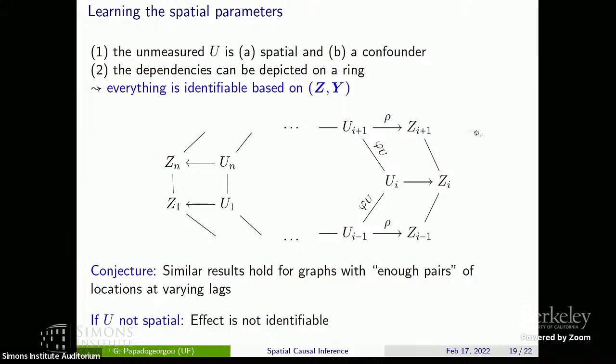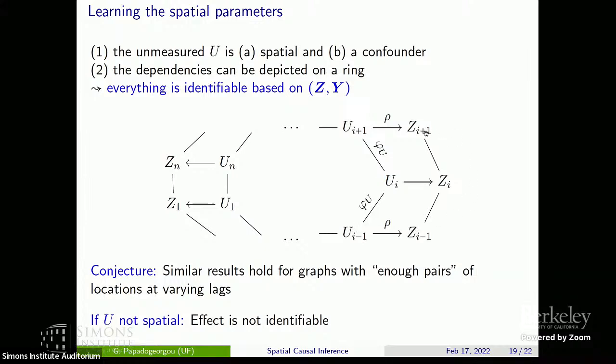If these two are correlated, it necessarily means that there will be some path backwards like this that drives this correlation. Because conditional on Z_i minus 1 and Z_i, these two should be independent unless there's a spatial random variable. And that correlation has to do with rho, one phi of U, another phi of U, and another rho.